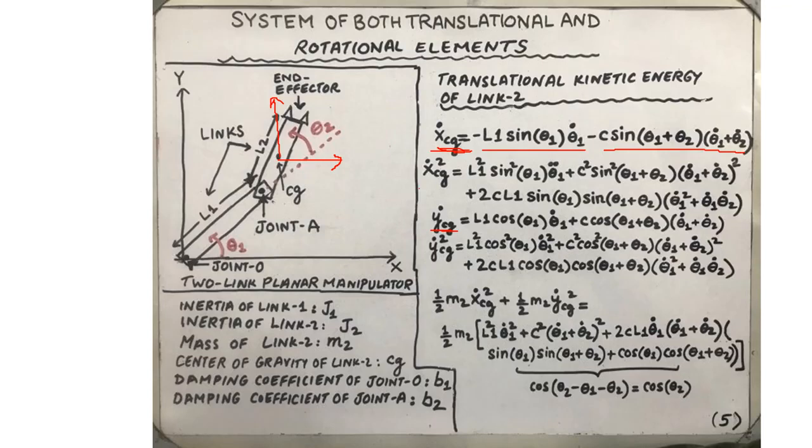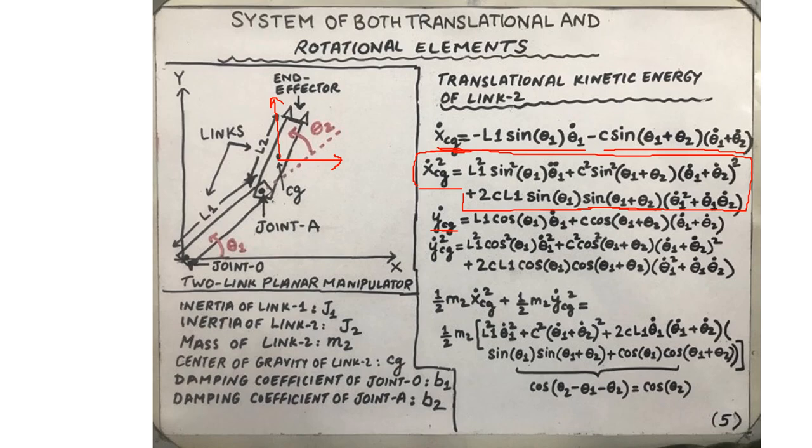Then square the velocity, that is xcg dot square, and you will arrive at this elaborated expression containing several terms, some of them involving the product of multiple sinusoids such as sine theta 1 plus theta 2 multiplied by sine theta 1. And then you see the terms containing squares of the displacement variable, the second order angular displacement. In fact, these are the sum of the product of angular velocities.